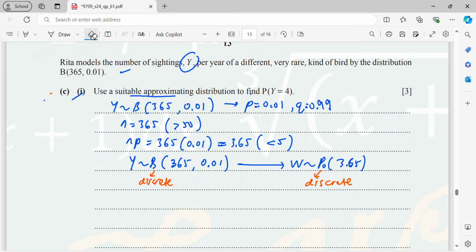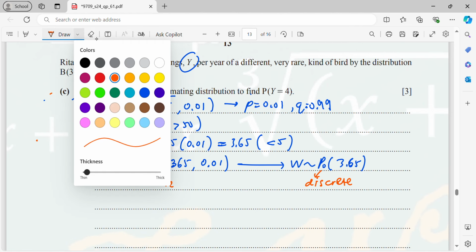Therefore we do not need to consider the continuity correction factor. That only happens when you are approximating a random variable to another type of variable, from discrete to continuous. So now, discrete to discrete, no need. Therefore, we can just calculate directly.